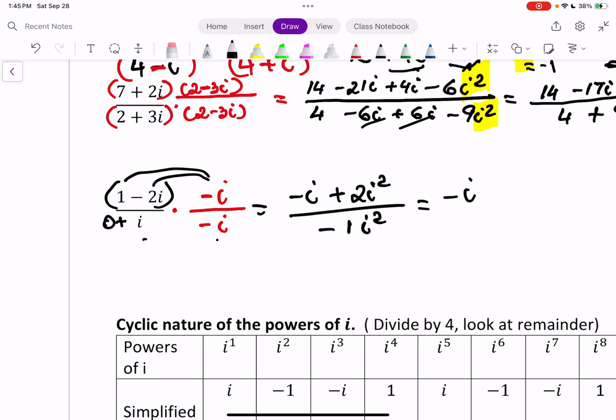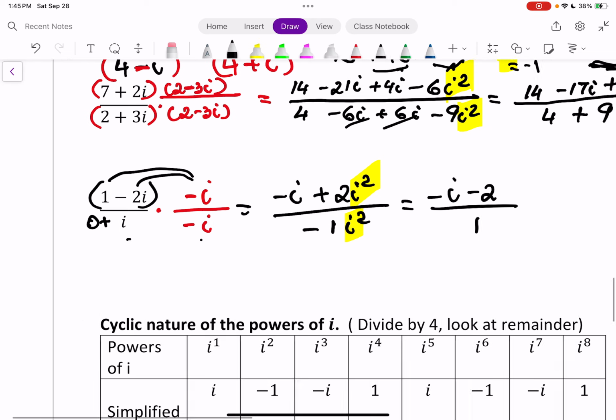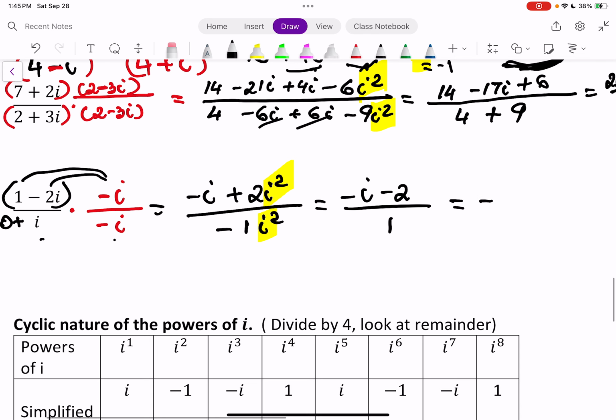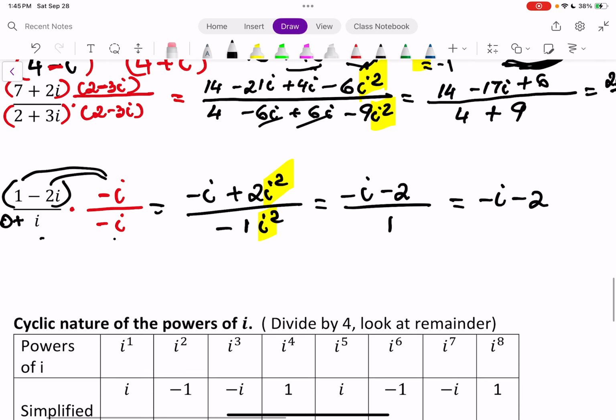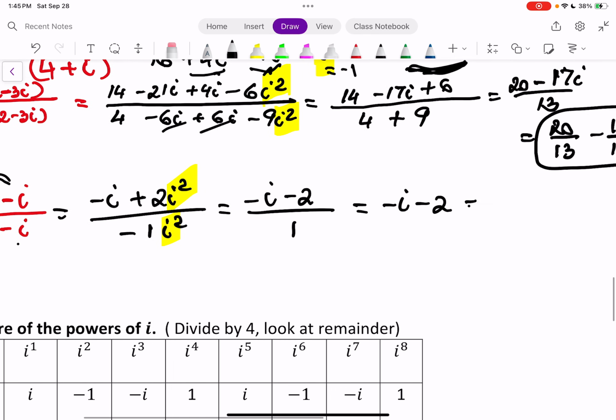Again, i squared equals negative 1, which switches the sign to a negative 2. Negative 1 times negative 1 is a positive 1. Look how nice. Dividing by 1 doesn't make any difference. And just so we can keep it real part first and then imaginary part second, there's your answer.